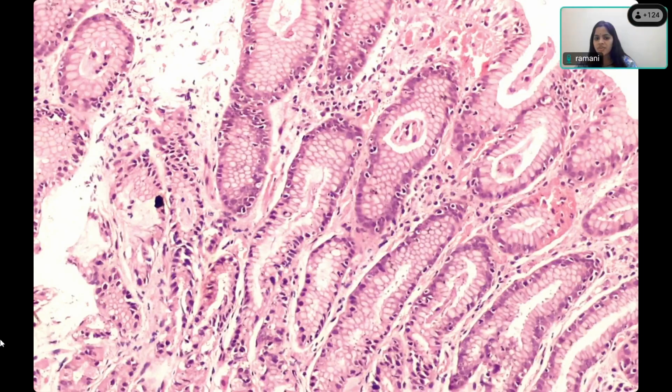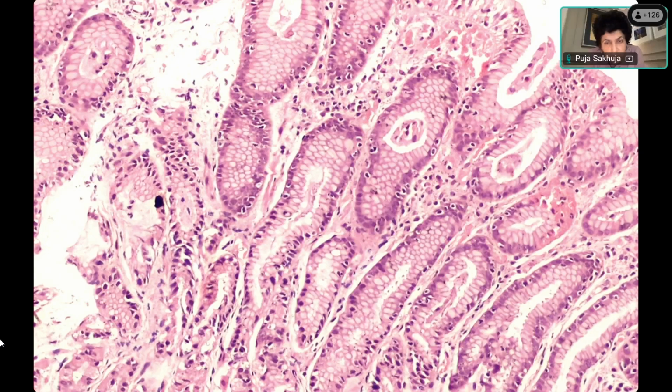Gastric biopsy. Okay, why do you say gastric biopsy? But I actually asked you for your description. Your voice is not coming clearly. Okay, ma'am, I think it is foveolar cells.